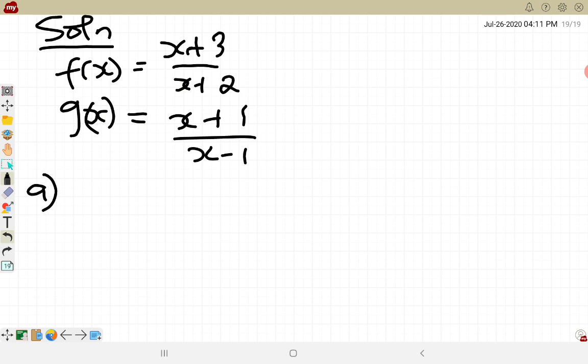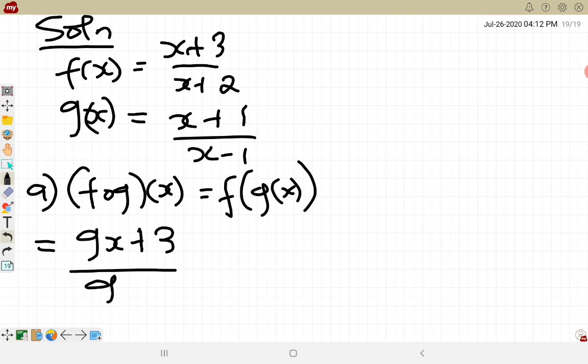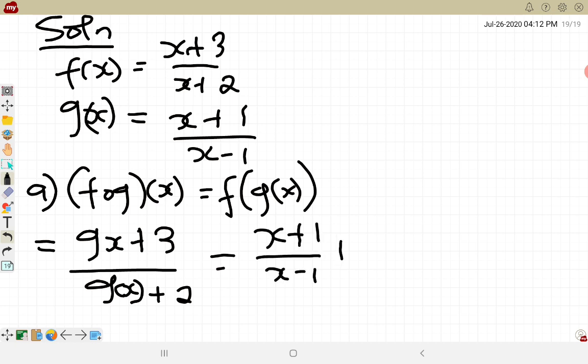So for A, we're going to have f composition g of x, which is equal to f of g of x. That is g of x plus 3 all over g of x plus 2, which is further defined as x plus 1 over x minus 1 plus 3 all over x plus 1 over x minus 1 plus 2.